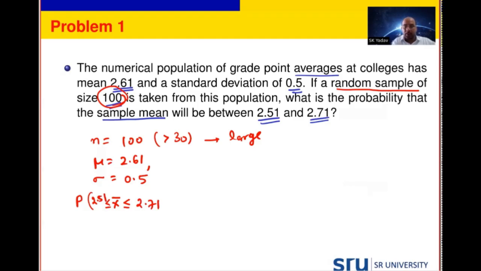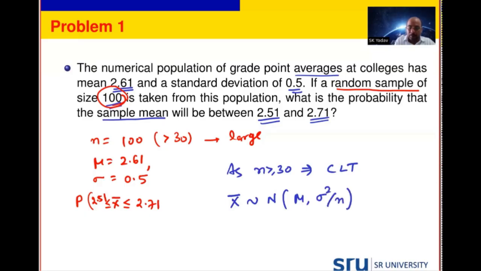So as I said, because the sample size is large, we can apply the central limit theorem. So let us write here. As n is greater than or equal to 30, this implies we can use the central limit theorem. And what does the central limit theorem say? X bar will follow a normal distribution with mean mu and variance sigma square by n. This means E of x bar is equal to mu, which is 2.61.